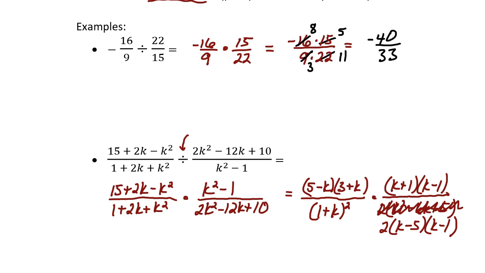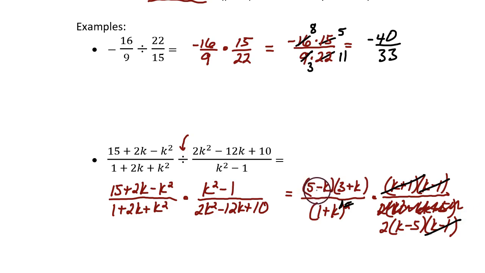Now let's look for common factors that cancel away. 1 plus k is the same thing as k plus 1. So the k plus 1 factor in the top will cancel away one of these, leaving 1 left over. There's a k minus 1 in the top, which cancels a k minus 1 in the denominator.